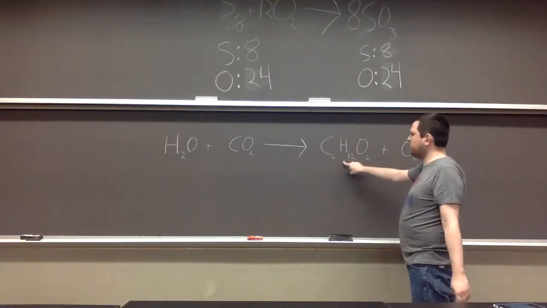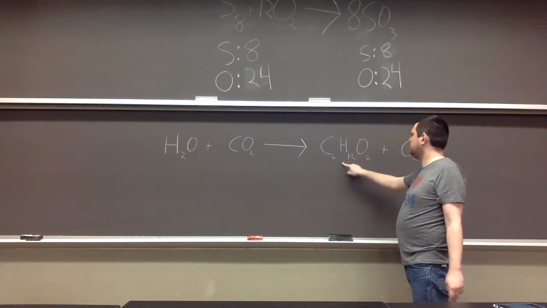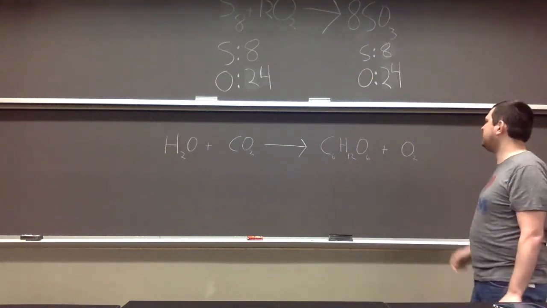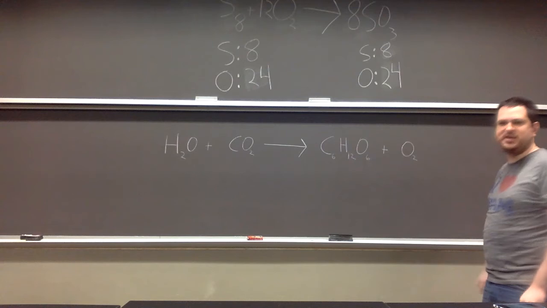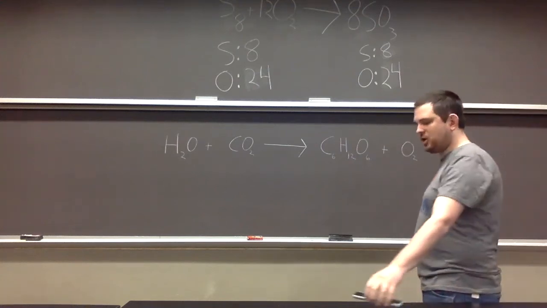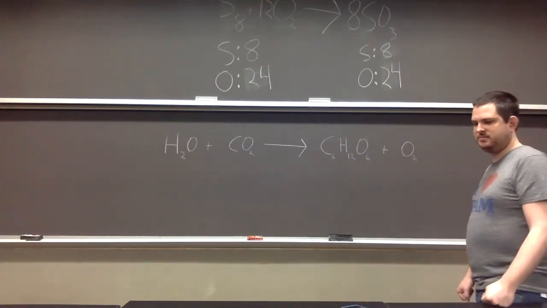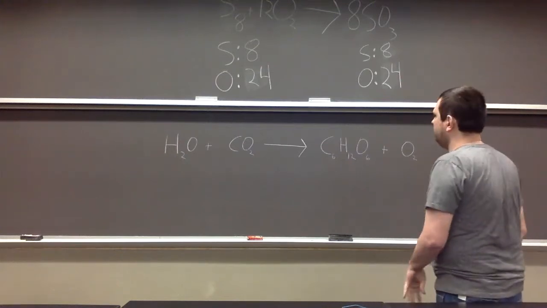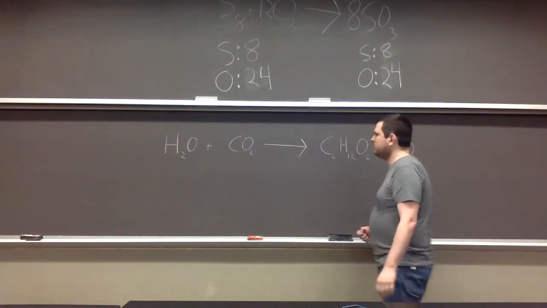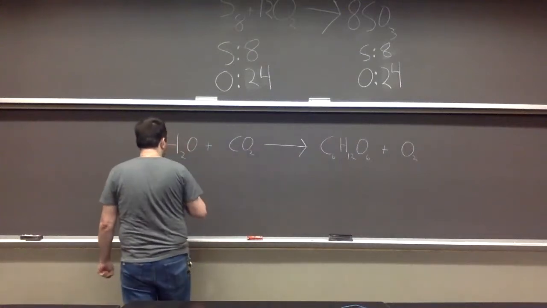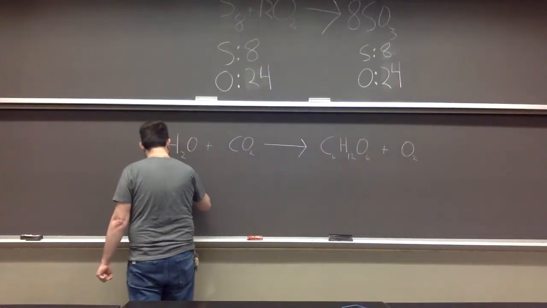This is the chemical equation for glucose. Plant sugar, food sugar, blood sugar, C6H12O6. 6 carbons, 12 hydrogens, 6 oxygens. It is a pretty large molecule. So, first step, write down all the different elements.